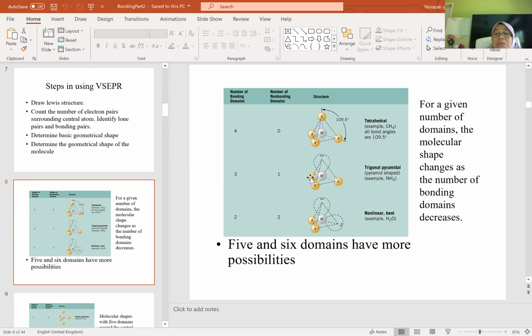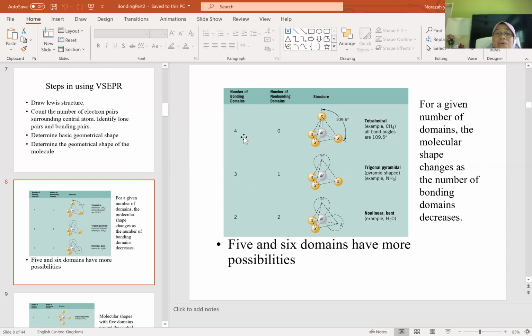You can see here 3 pairs of electrons involved in bonding and 1 pair in non-bonding domain. The basic structure is tetrahedral, but the actual molecular structure is trigonal pyramidal.